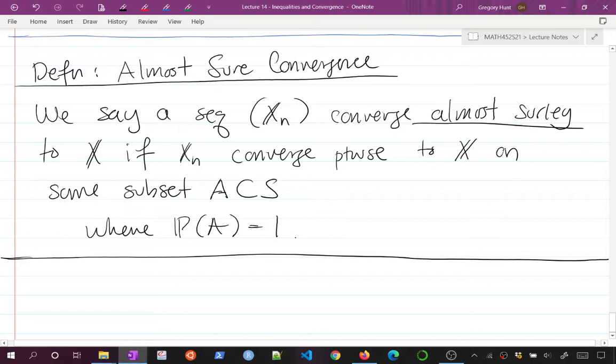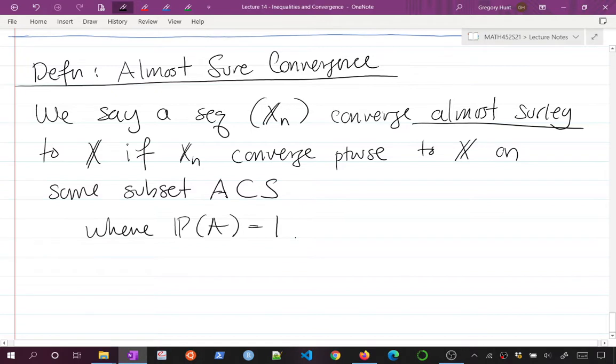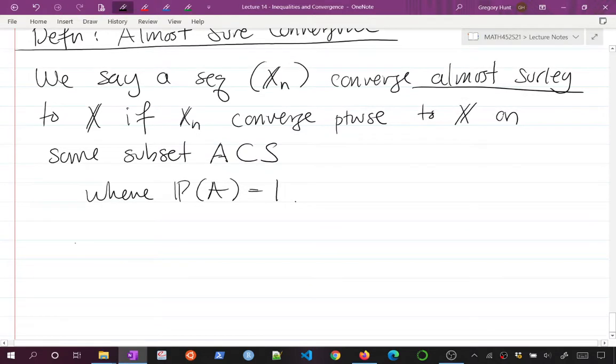So probabilists basically say we don't really care about sure or pointwise convergence. We care about things that converge almost surely, which is that they converge pointwise with probability 1. Our notation is that we write xn arrow x, with a.s. over it, for almost surely.